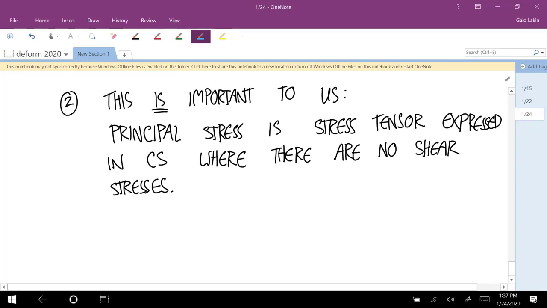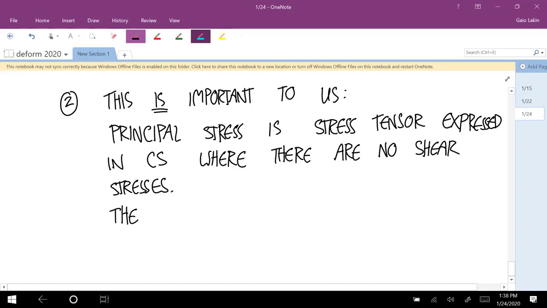And this is important, practically speaking, for figuring out when stuff is going to break. And we'll talk more about that later. But this is a really important thing to be able to find.